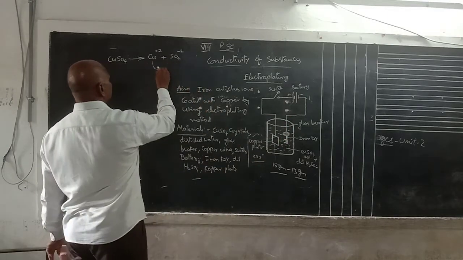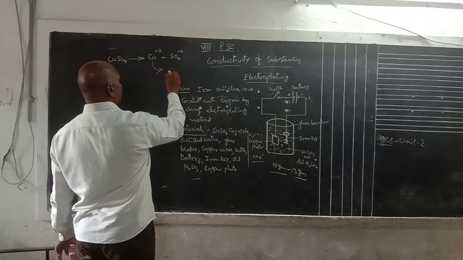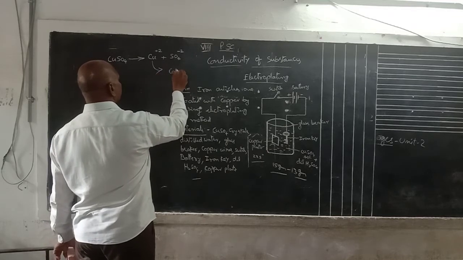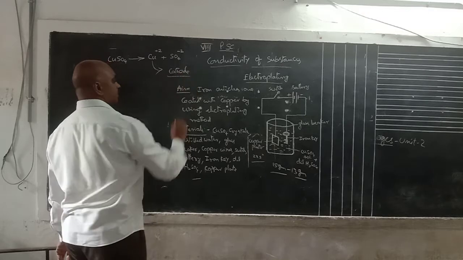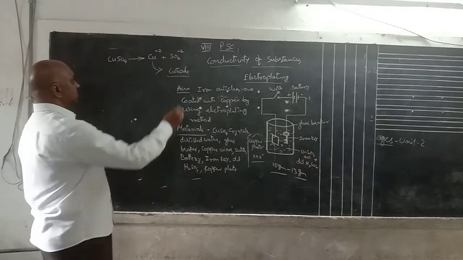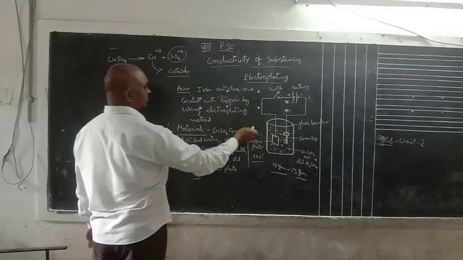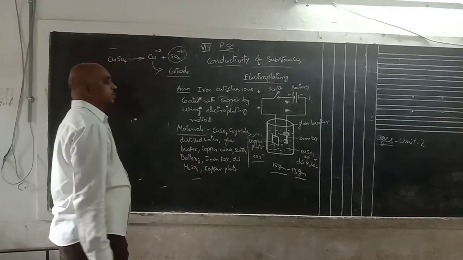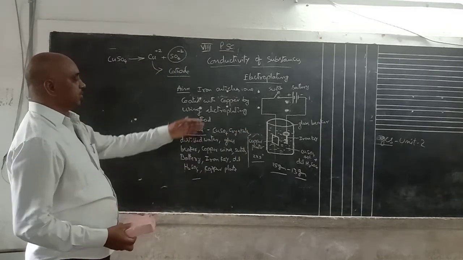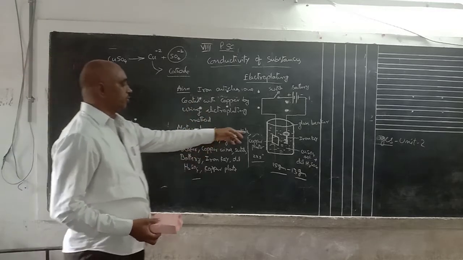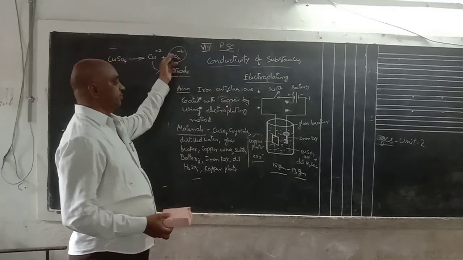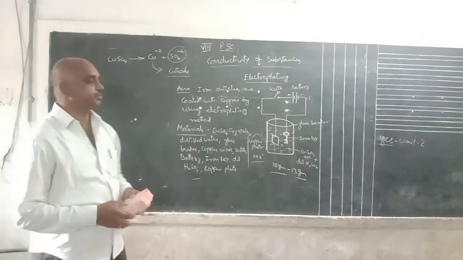The positive ions go to the cathode. Cathode means the negative terminal of the battery. What about the sulfate ions? Sulfate ions are 2-, and these go to the positive. That means some copper comes out from the copper plate, and the copper is deposited like this.